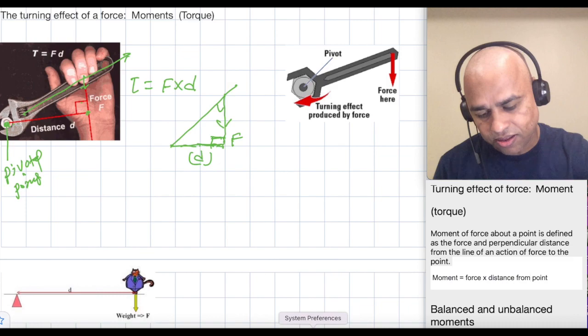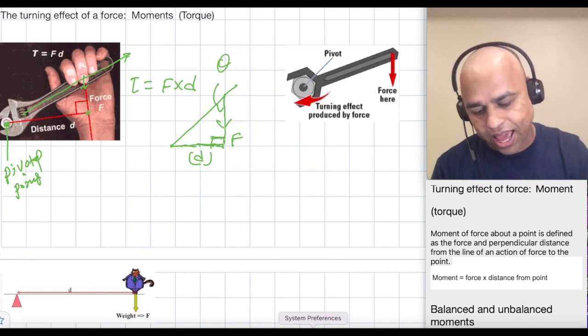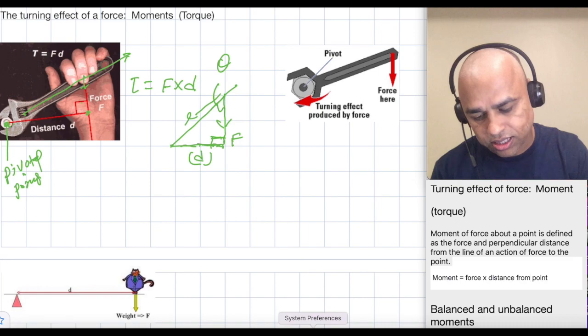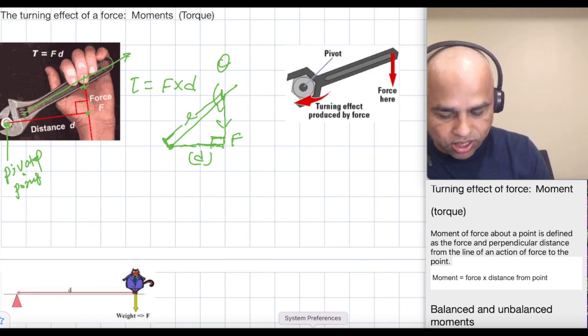Suppose this is theta. Theta is the angle between the length of the wrench and the force, right? And we know that we apply the force at distance L from the point. We can measure this part. So how can we measure D?